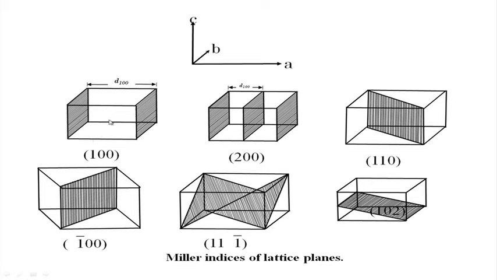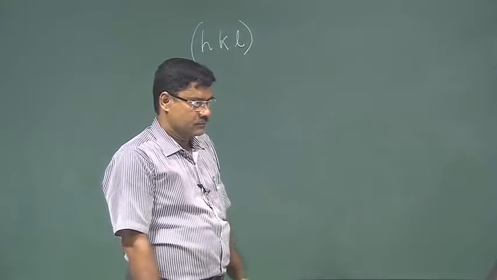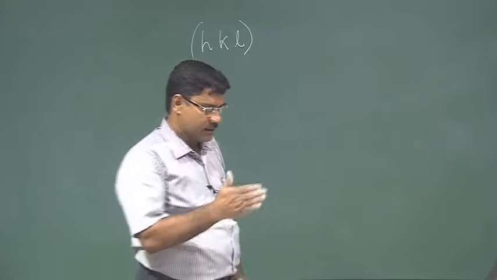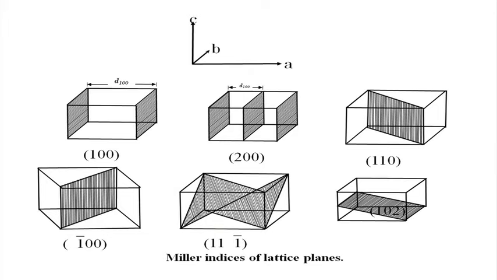So, how to find out, you already know. It intersects at 1a, and the b and c axes at infinity. So, 1 by 1, 1 by infinity, 1 by infinity, that will give you 1 0 0.